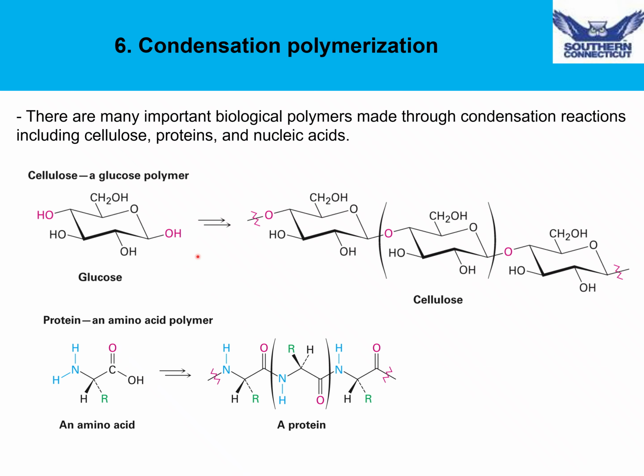There are many important biological polymers, including cellulose, proteins, and nucleic acids. Cellulose is a polymer of glucose, so 2 glucose units can join together by the reaction of this alcohol and this alcohol on 2 different units. That leads to the formation of an acetal.